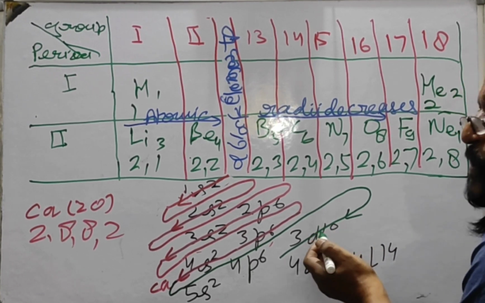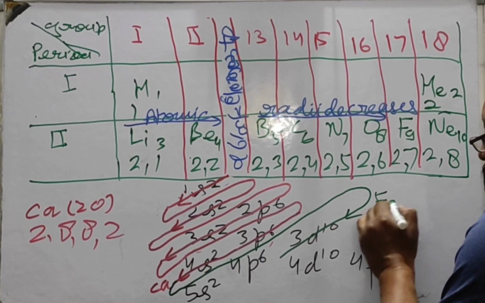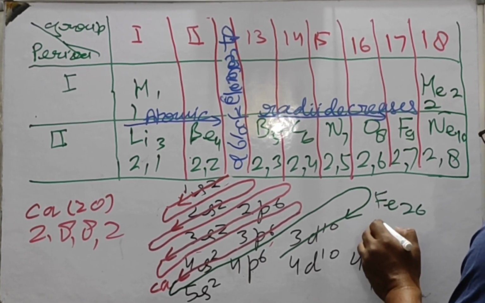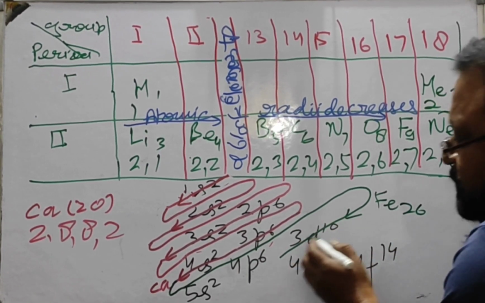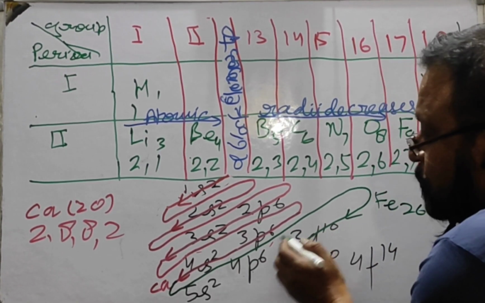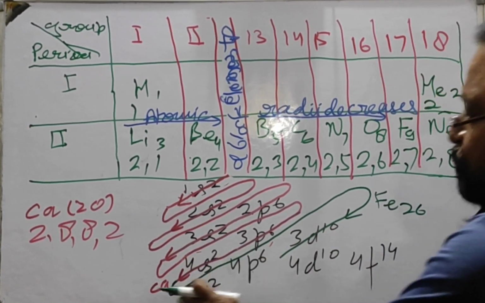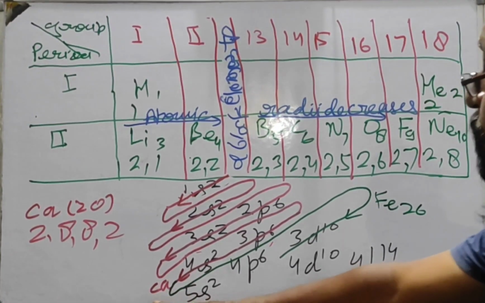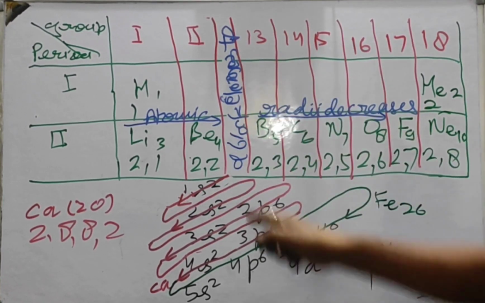Iron has atomic number 26, and then zinc is also there. This is not in your syllabus right now. That's why we are only discussing up to calcium. Beyond calcium we go to d block elements, then we need this.